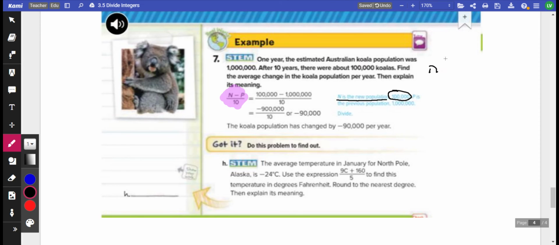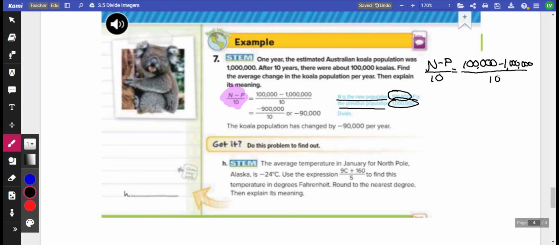I'm going to show this work to the right. So n minus p divided by 10. So my new value is 100,000. P is the previous population, which was 1 million. And then I'm going to divide that whole thing by 10.